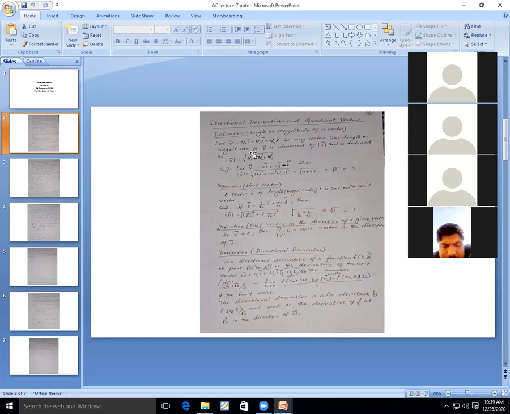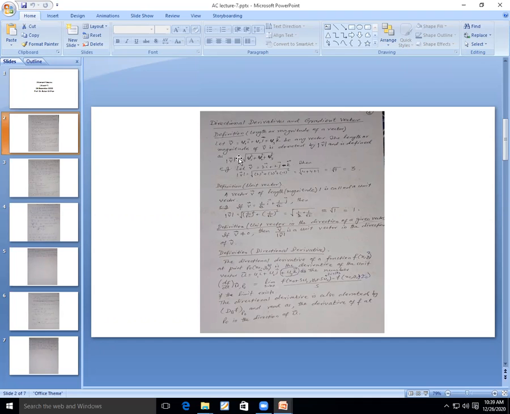The length of this vector is denoted by absolute V and is defined as square root of V1 square plus V2 square plus V3 square. This is the definition of magnitude or length of the given vector in 3-dimensional space.